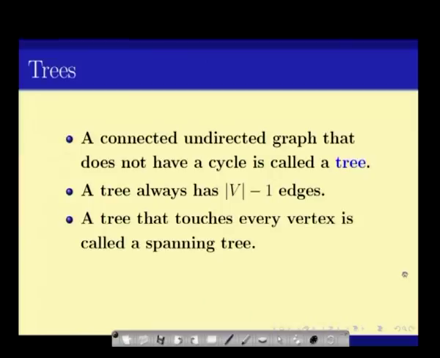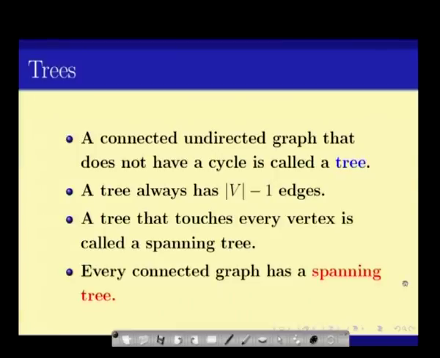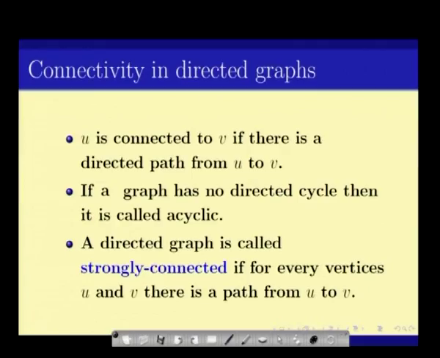If a tree touches all the vertices, then it is called a spanning tree, and every connected graph has a spanning tree. In the case of directed graphs, things are slightly more complicated. For example, if there is a directed path from u to v, it does not mean that there is a directed path from v to u.